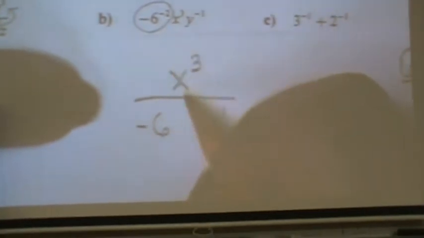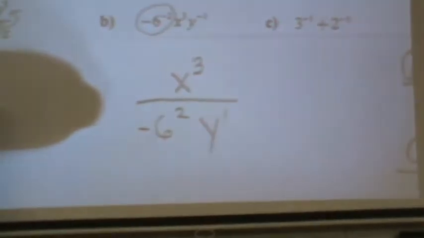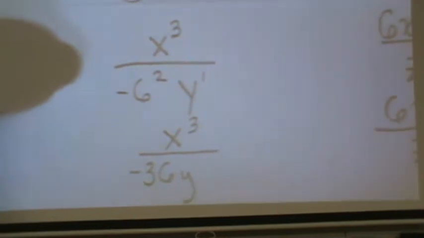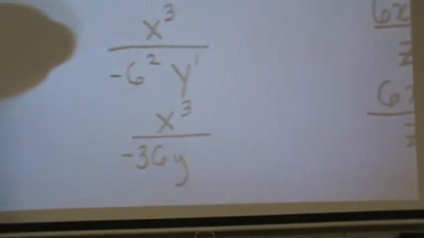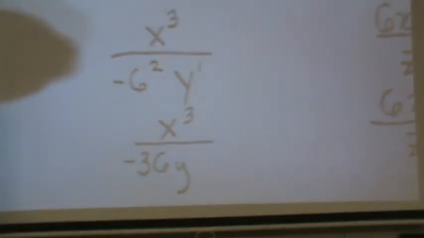Just the exponent turns positive. Now, can you tell me a better answer? This is okay. 36. What kind of 36? It's negative. Now, if there were parentheses around, it'd be a positive. So there's your answer right there.